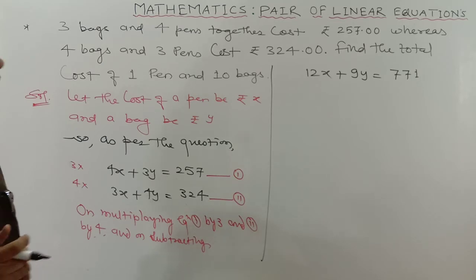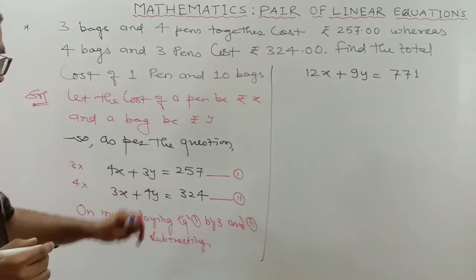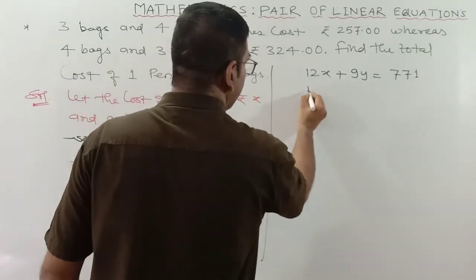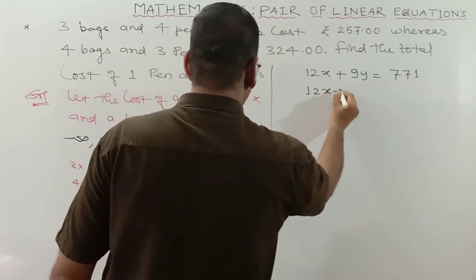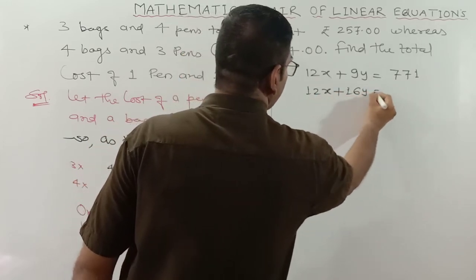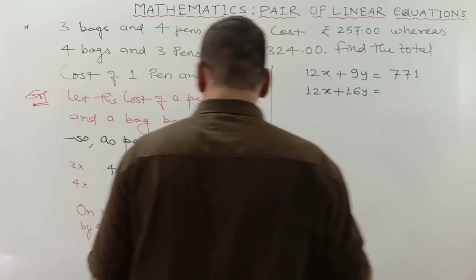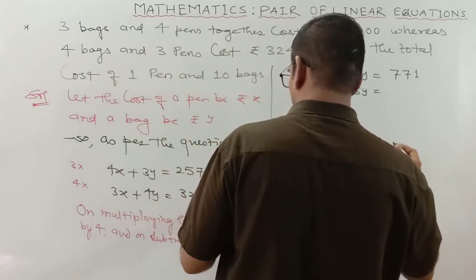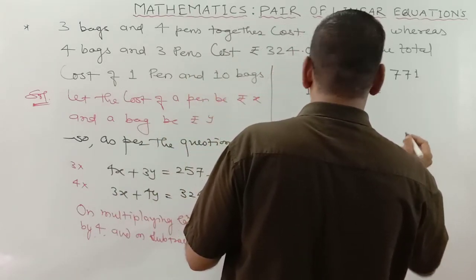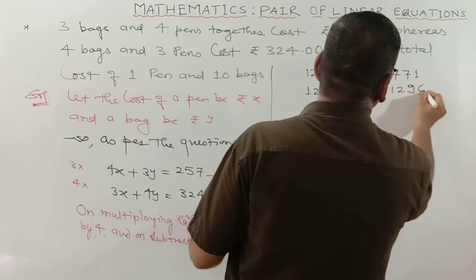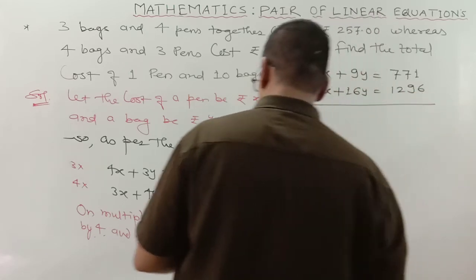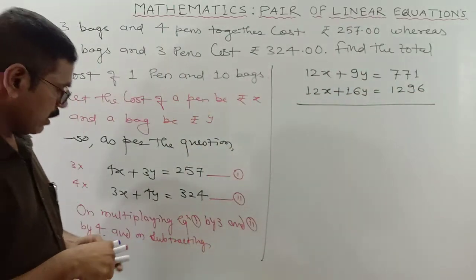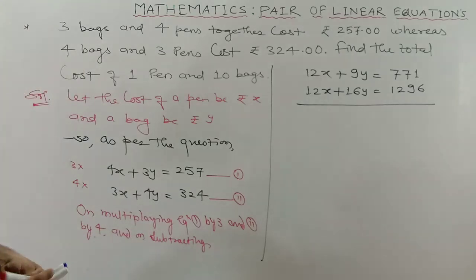Yes, 771. Now if we are multiplying by 4, again it will be 12x plus 16y is equal to 1296. Okay.